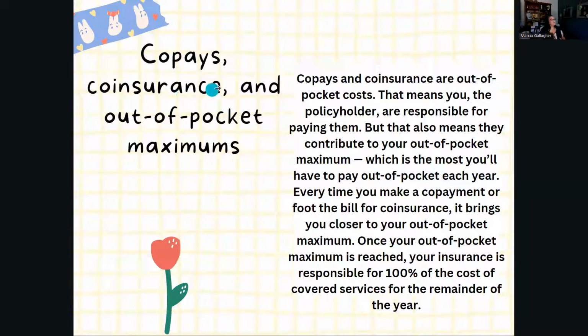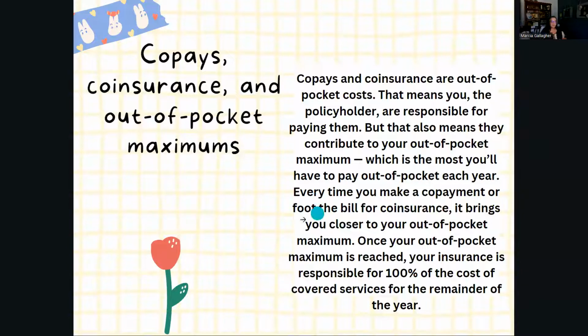Copays, coinsurance, and out-of-pocket maximums. Copays and coinsurance are out-of-pocket costs. That means you, the policyholder, are responsible for paying them. But that also means that they contribute to your out-of-pocket maximum, which is the most you'll have to pay out of pocket each year.